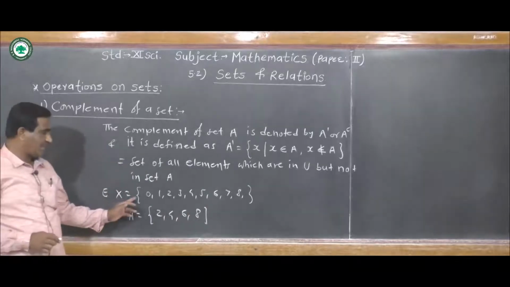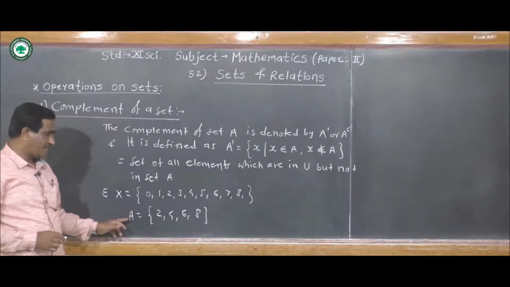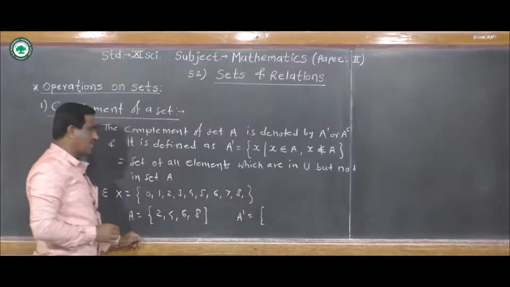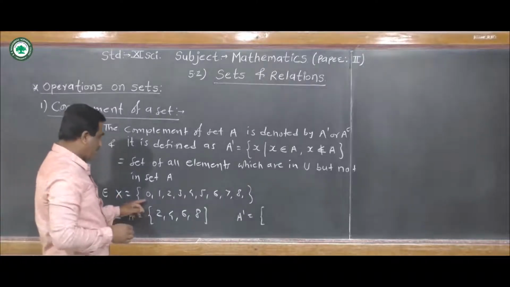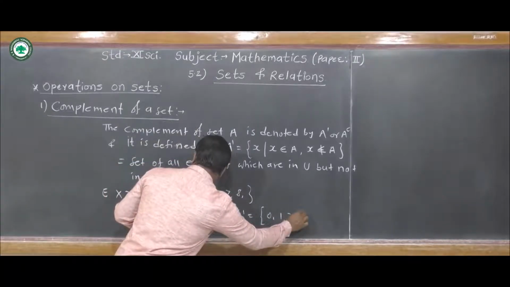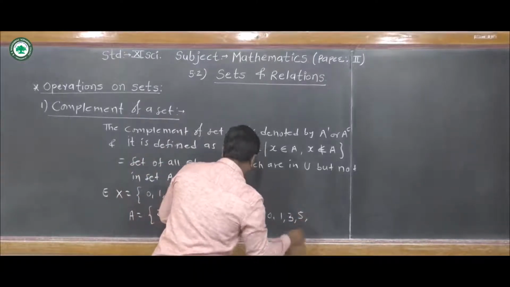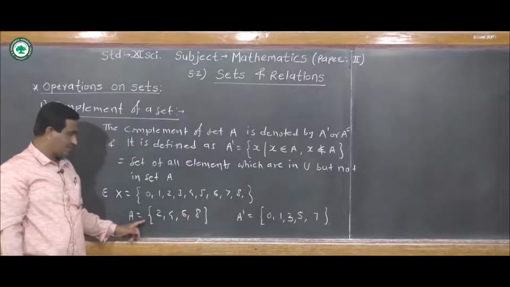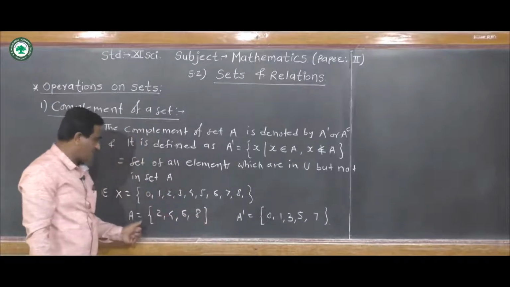Now we have to write the complement of set A, which is denoted by A dash and is equal to the elements which are in set U but not in set A. These elements are 0, 1, 3, 5, 7. So this is the complement of set A.